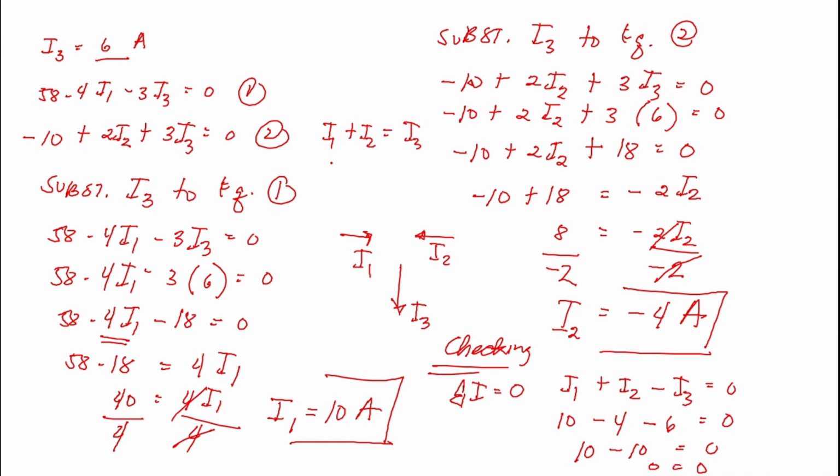I1 is equals to 10, and then I2 is equals to negative 4, and then I3 is equals to 6. So, 10 minus 4 is equals to 6. 6 is equals to 6. That is for the leaving is also equal to the entering the junction. Or, the summation of the current along the circuit is equals to 0.